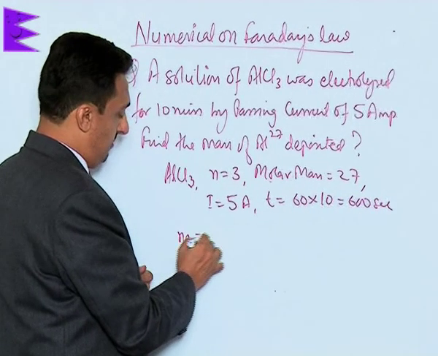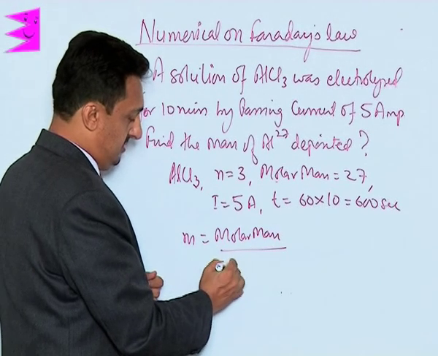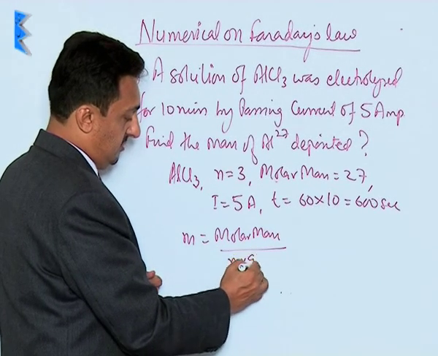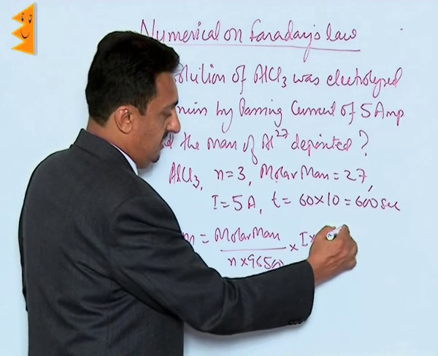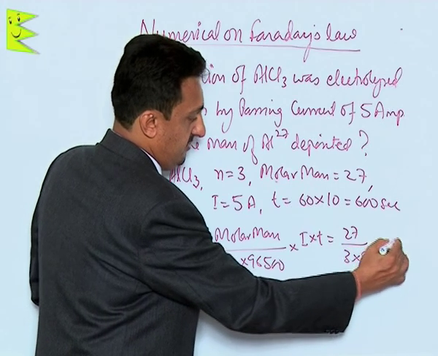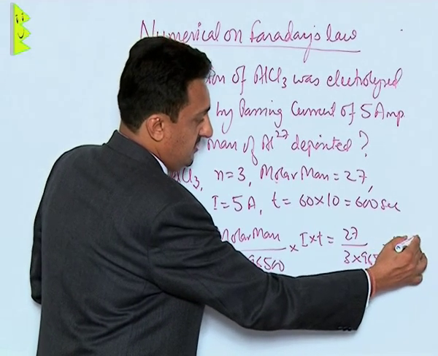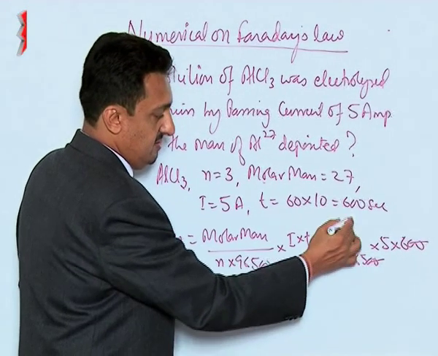So we know M is the molar mass upon n into 96500 into I into T. It's 27 by 3, upon 96500, into 5 into 600. The 20 gets cancelled here, it will make it 9.